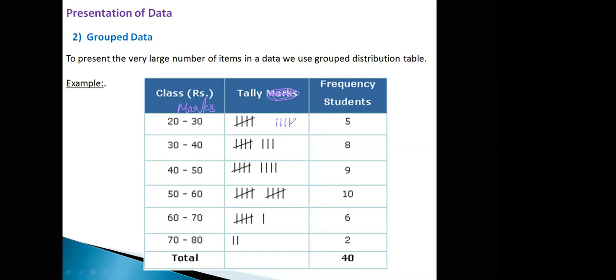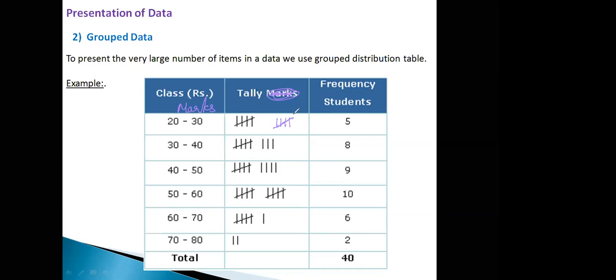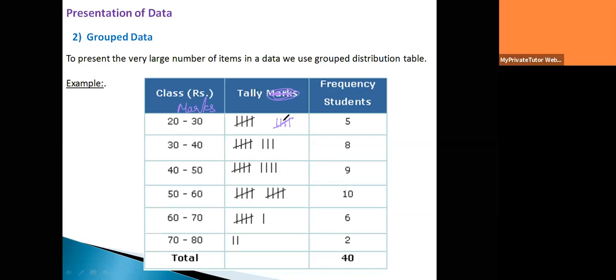With four vertical bars and one crossed line, to represent it easily. So that is nothing but a total of 5. This complete set is a total of 5.